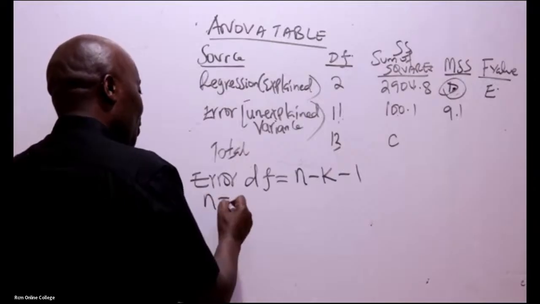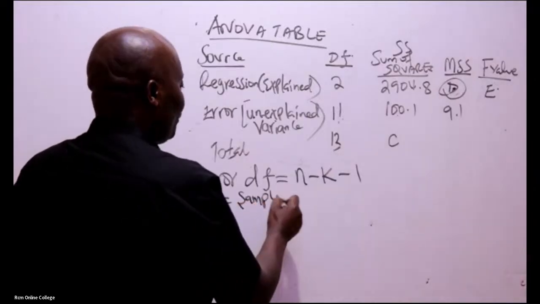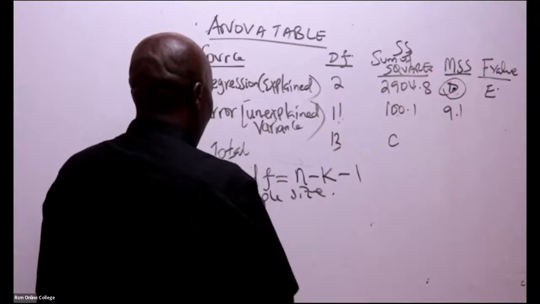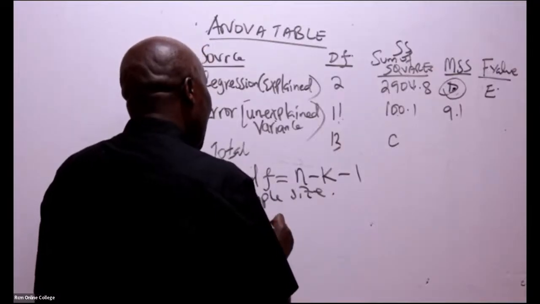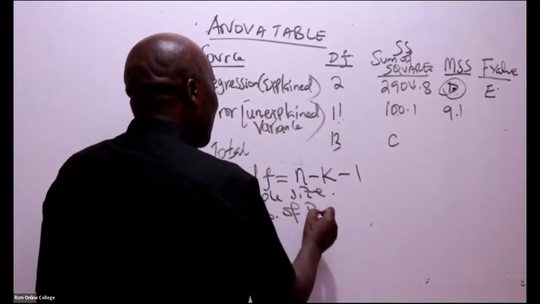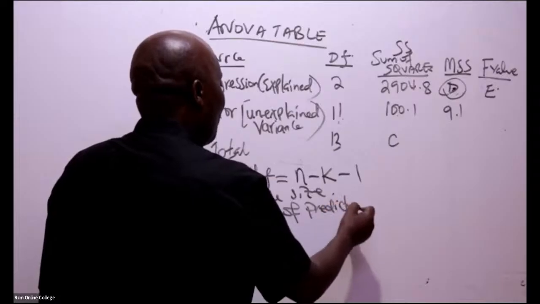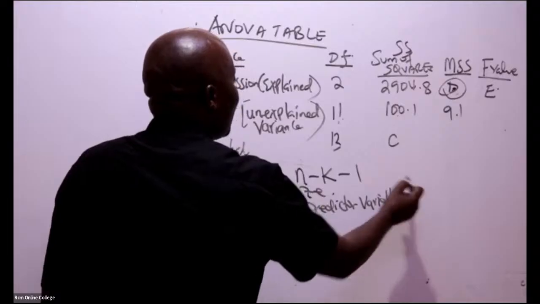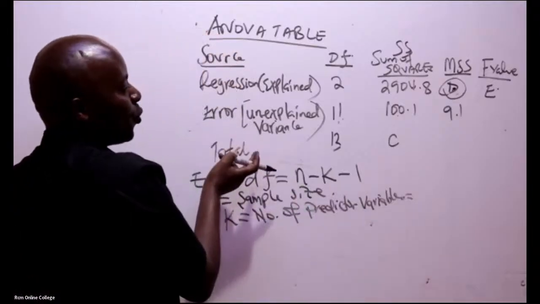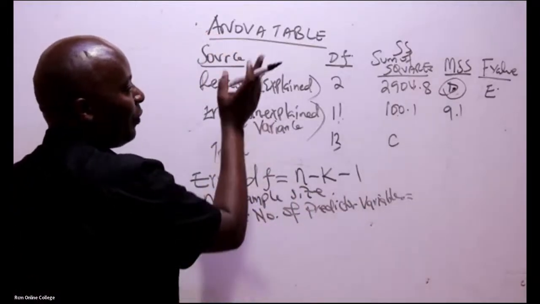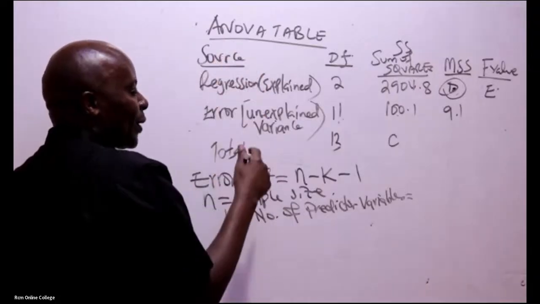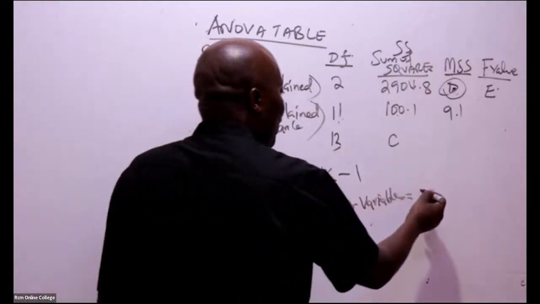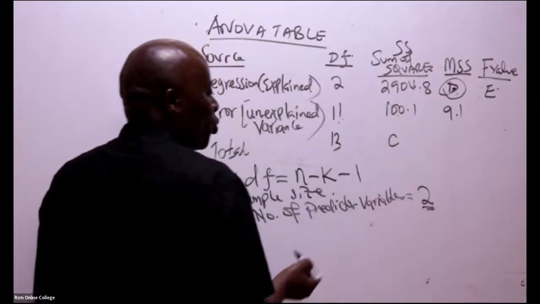N is the sample size. Then we have k, the number of predictor variables. In our case, if you remember the parameters up there, we had x1 and x2. So the number of predictor variables, or independent variables, was 2.